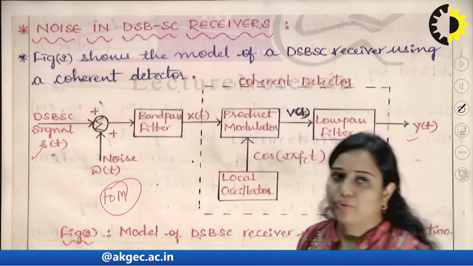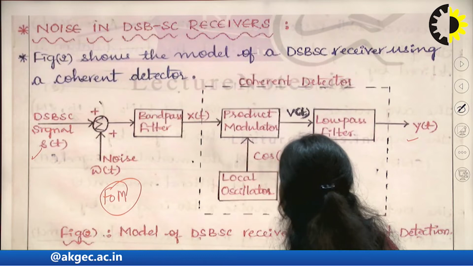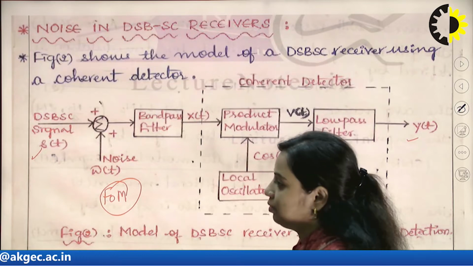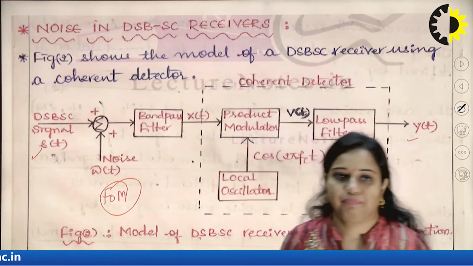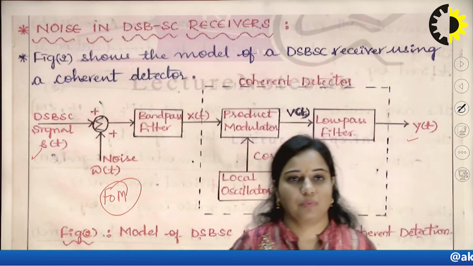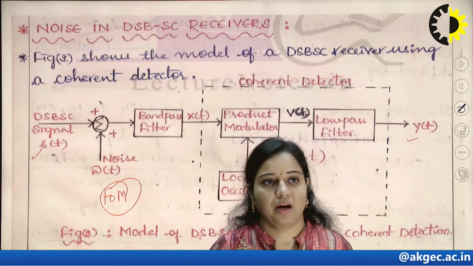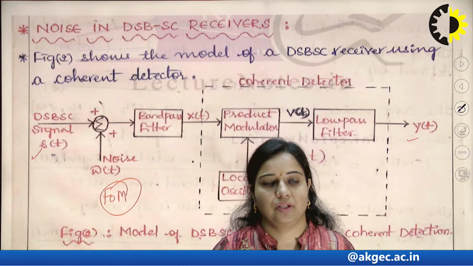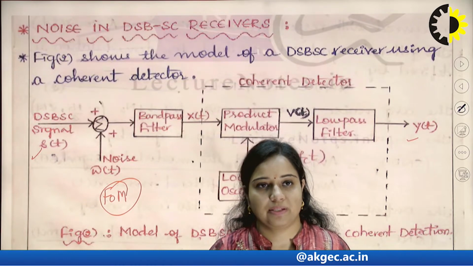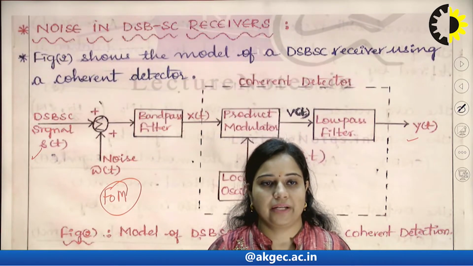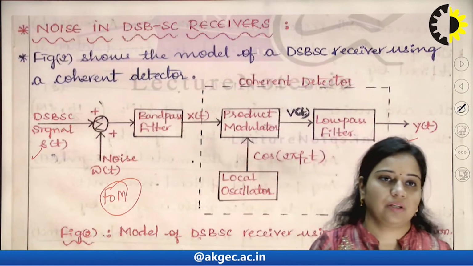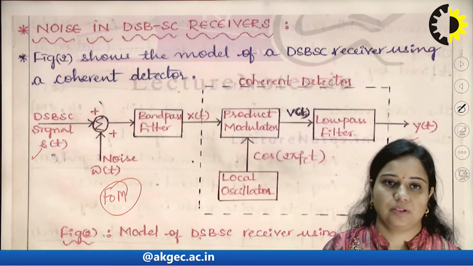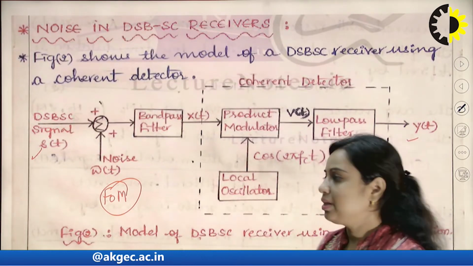This figure shows the model of a DSB-SC receiver using a coherent detector. Now, what is a coherent detector? Whenever we are doing modulation, we require two signals. The first one is the message, and the other one is the carrier signal. Whatever carrier signal we have used at the transmitter side has to be the same at the receiver side.